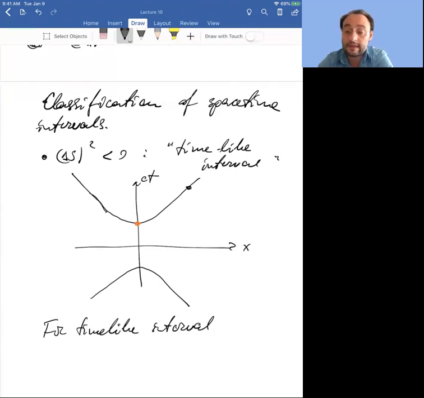And it's also the same in that reference frame in which the event takes place at the same location. So then this is purely a temporal separation. Well, that's just proper time. Delta S squared equals minus delta tau squared. So minus the square of the proper time interval, in the frame in which the events take place at the same location, is the square of the proper time.